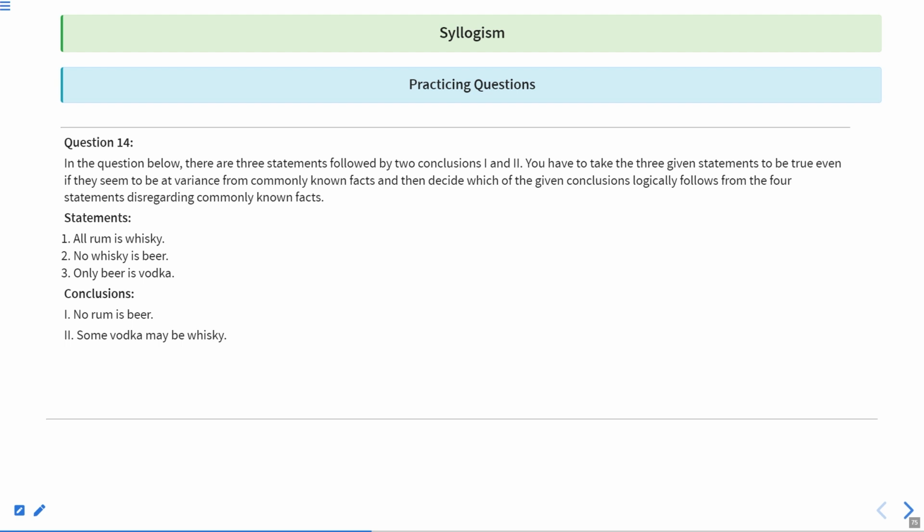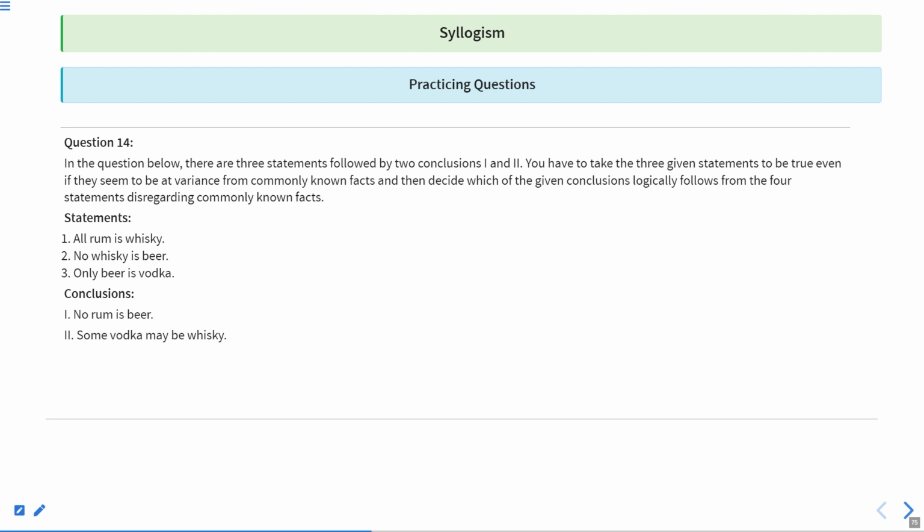Then we will switch towards the solution, and by ourselves, in this lecture, we will try to analyze whether the statements and the Venn diagram are complementing each other or not. And once the statements as well as the Venn diagram are complementing each other, then we will move towards the conclusion portions, and we will try to analyze whether these conclusions are true or not.